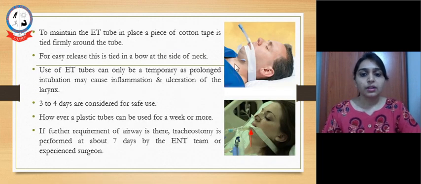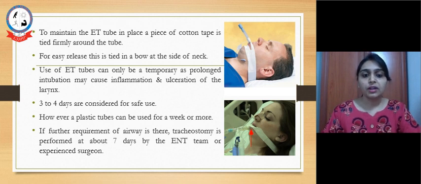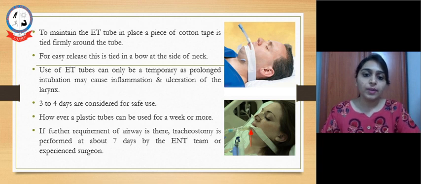These are held with a bow-shaped cotton tape around the neck, but this is usually given for temporary purposes only. If we allow the patient to keep the endotracheal tube for a longer period of time, then there will be inflammation and ulceration of the larynx.